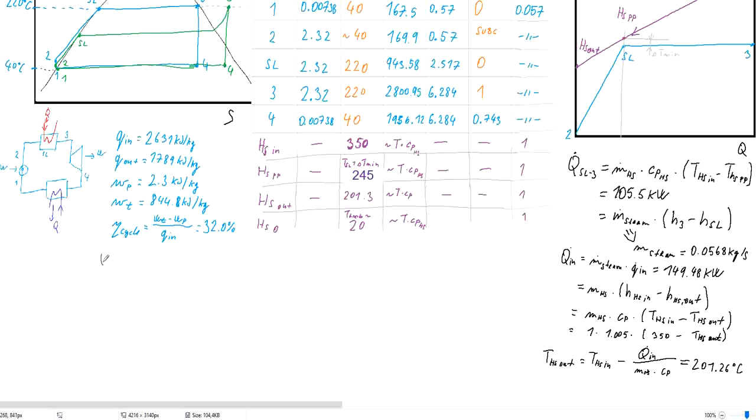So that was the temperature, and now the important parameter for the cycle that will interest us is the work of the cycle, as the absolute value, which is the work of the turbine minus work of the pump, which is the net work of the cycle per kilogram of the working fluid, and now multiplied by the mass flow rate of the circulating working fluid, which here is the steam.